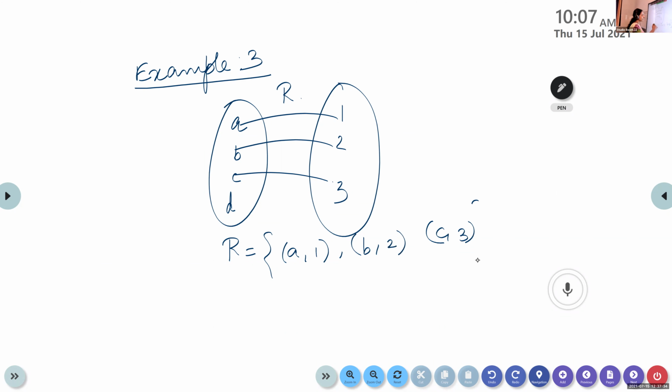Therefore, R is a relation. R is a subset. Now, whether R is a function or not.